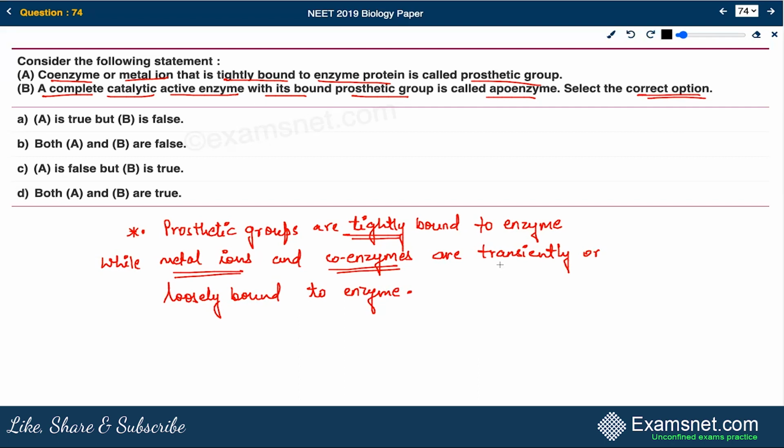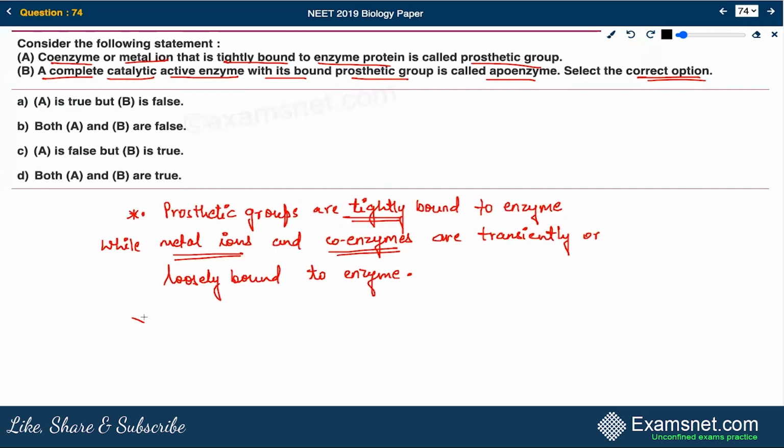And what is apoenzyme? Let me tell you. Basically, apoenzyme is the proteinaceous component of the entire enzyme. If I talk about holoenzyme, it is the entire active enzyme.